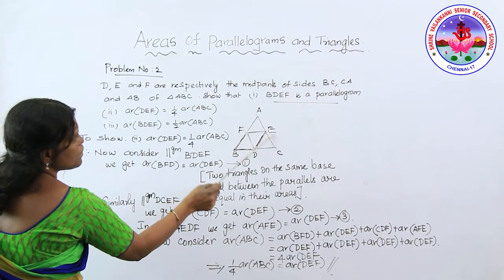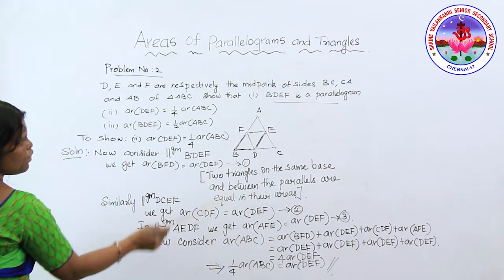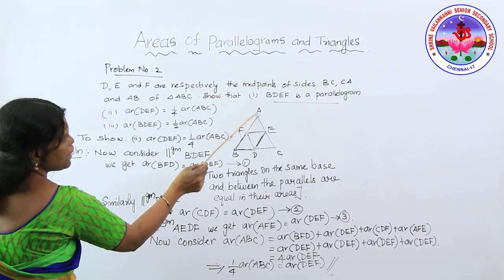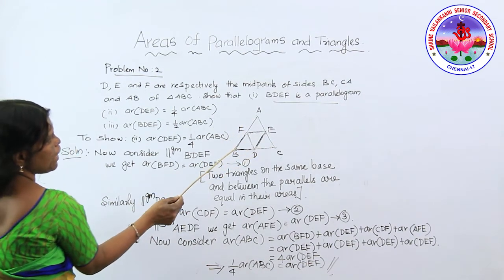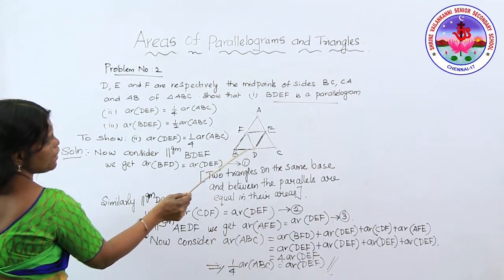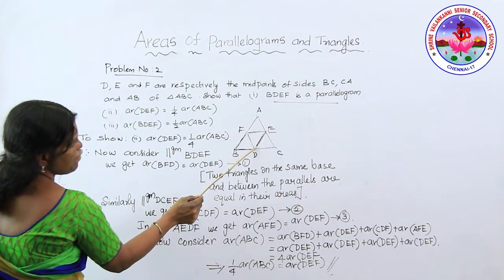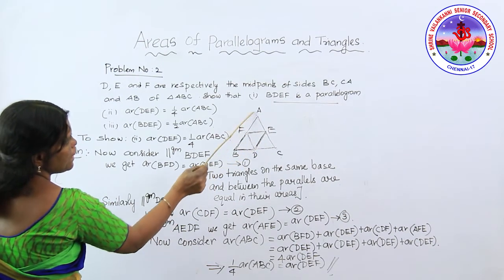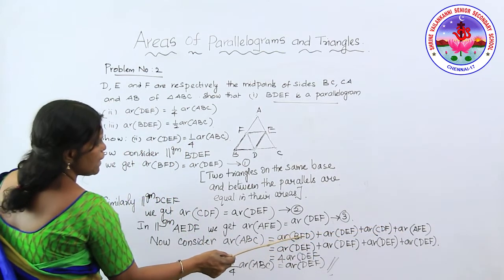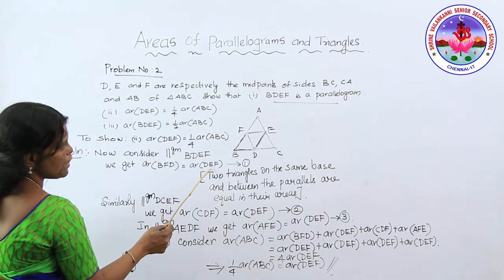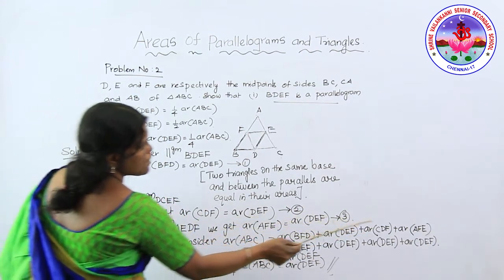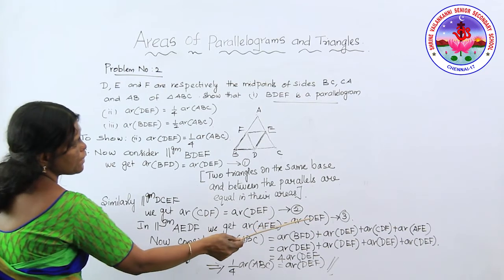Now let us consider the full area of triangle ABC, where this ABC has been divided into 4 parts. If I want to find the area of the full triangle ABC, I am dividing into 4 areas: area of BFD, area of CDF, area of DEF and area of AEF. So I am adding all those areas. We find that area of BFD is equal to DEF, and similarly CDF is equal to DEF, and similarly AFE is equal to area of DEF.